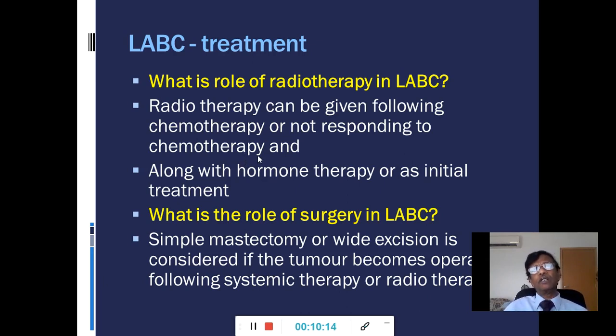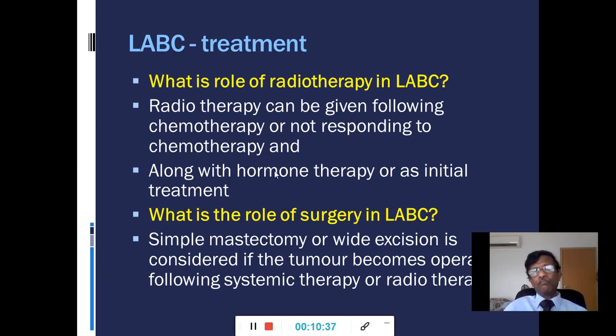Why are we giving chemotherapy? We are making the tumor operable. Once the tumor has been operated, that is, a debulking procedure has been done, still there is a chance of development of local recurrences, and in these cases it is very high. So for that, radiotherapy is definitely indicated.